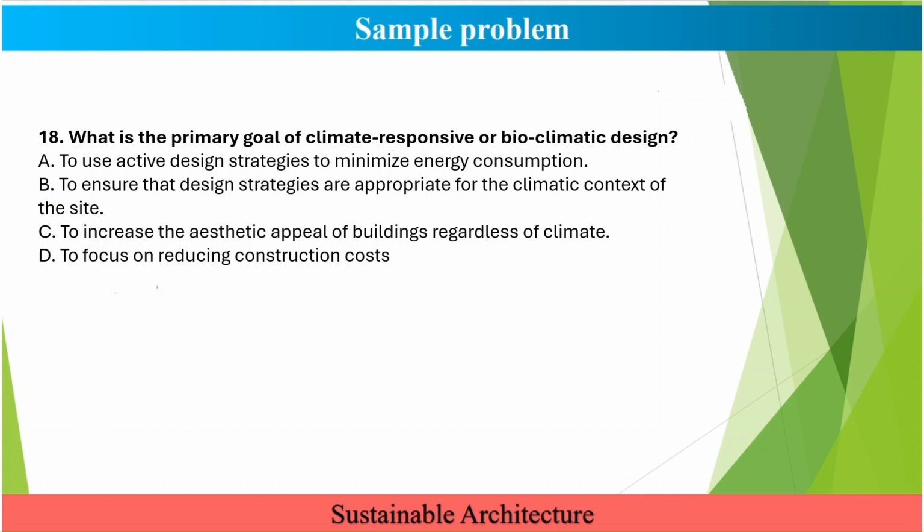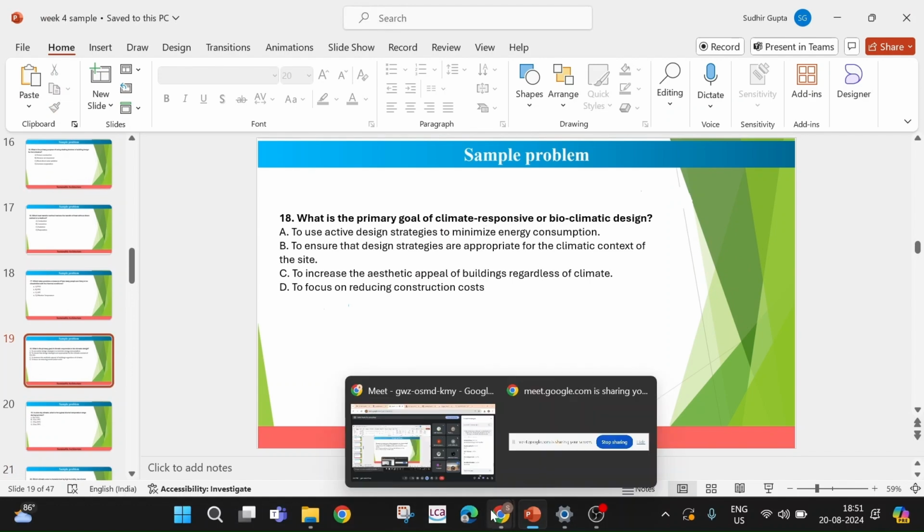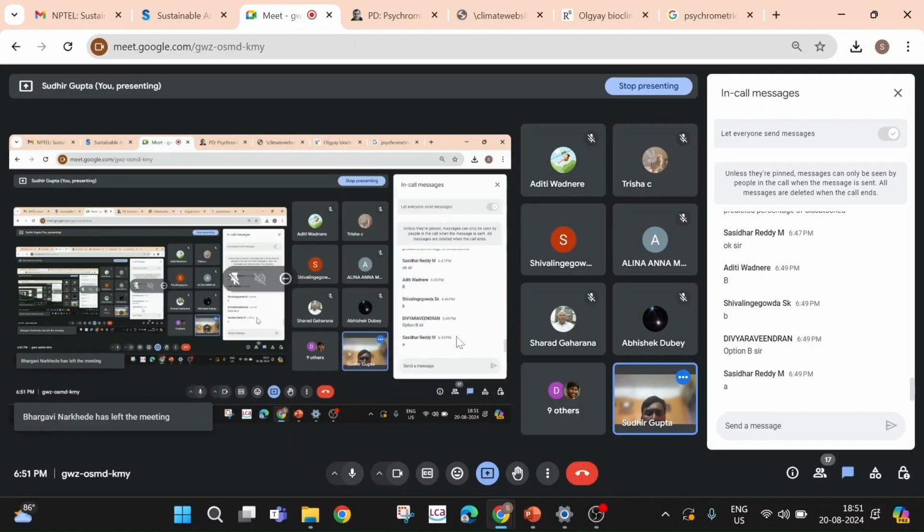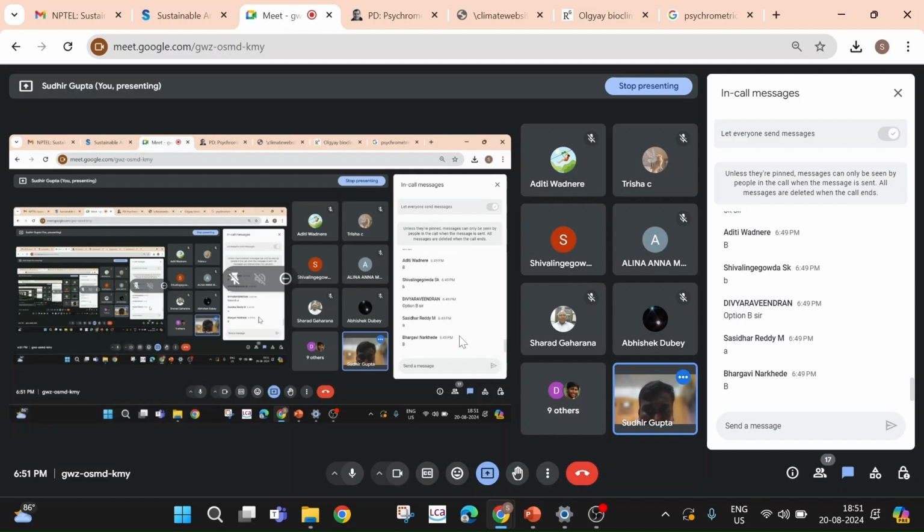Let's wait for others also to read and give answers, as they are also participating. Option B. Most of you have already answered option B. Sasidhar is answering A. So answer B is the right answer for this particular question.